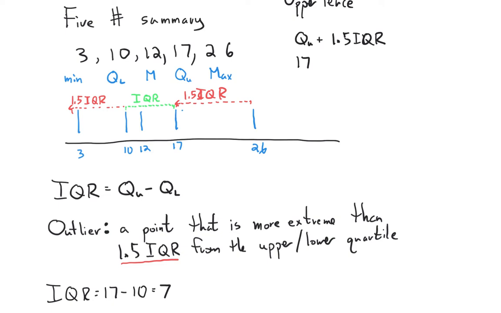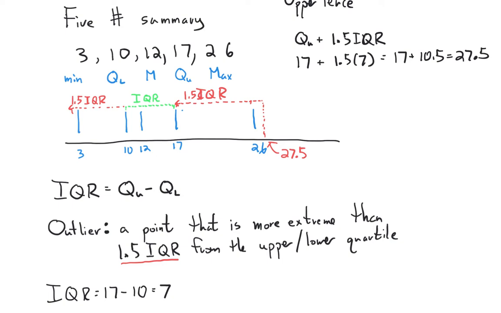So it's the upper quartile 17, and it's 1.5 IQRs, which is 7 in this case, bigger than 17. So that's 17 plus 1.5 times 7, which is 10.5, so this is 27.5. So if we had a data point past 27.5, then we would call it an outlier.